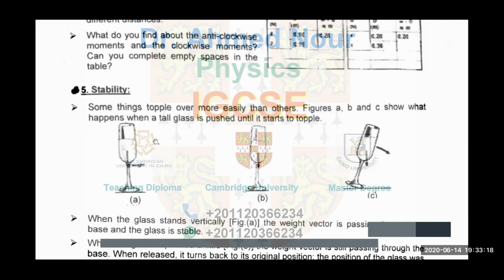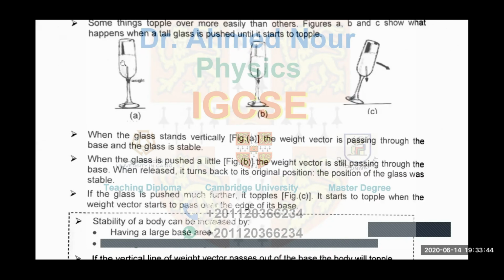So some things topple over more easily than others. When the glass stands vertically, the weight vector passes through the base. See, this is the base of the tall glass. The arrow is the weight vector.